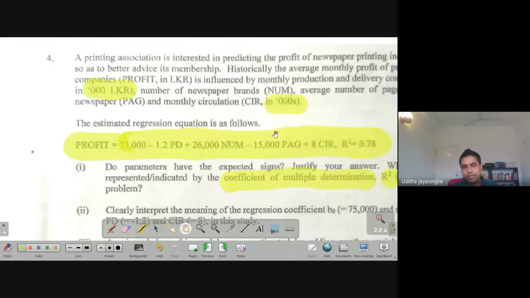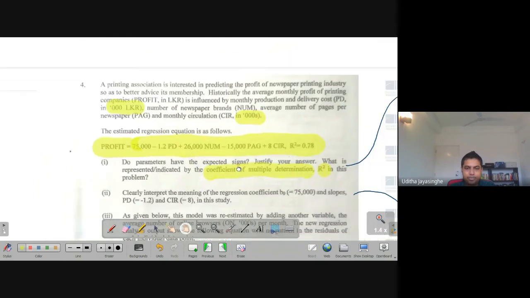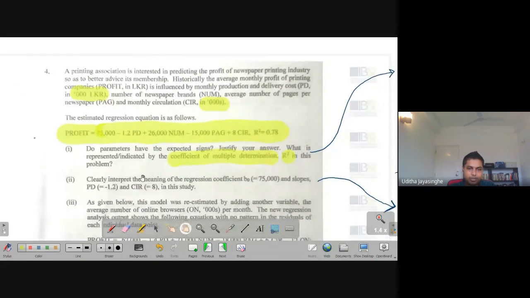So when my PD increases by 1000 rupees, my profit is going to go down by 1.2 rupees. That's the definition of PD being negative 1.2.